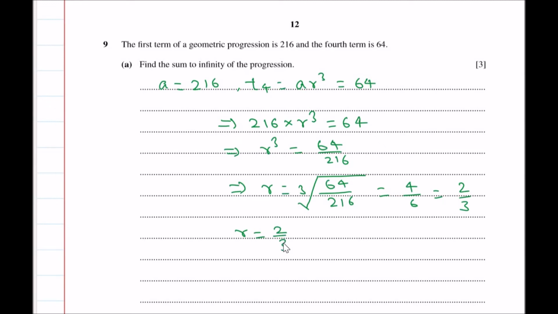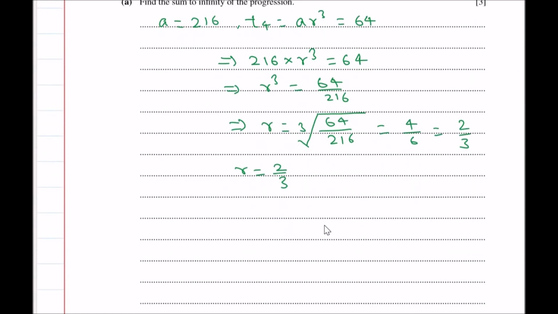Okay. Now the question is asking, find the sum to infinity. So the sum to infinity S is given by A by 1 minus R. A is 216, given, and 1 minus 2 by 3 is 1 by 3. So 216 divided by 1 by 3 becomes 648.